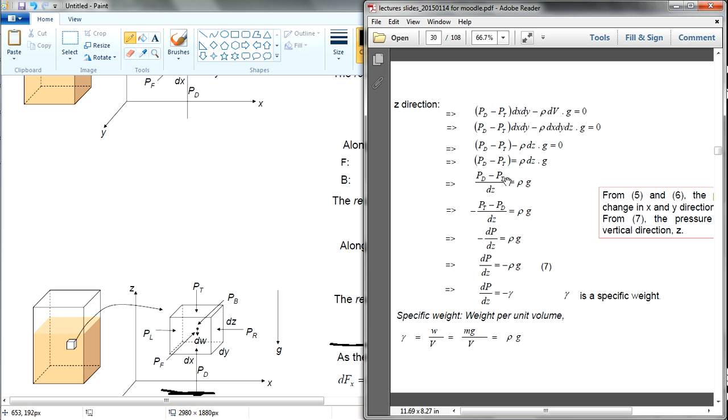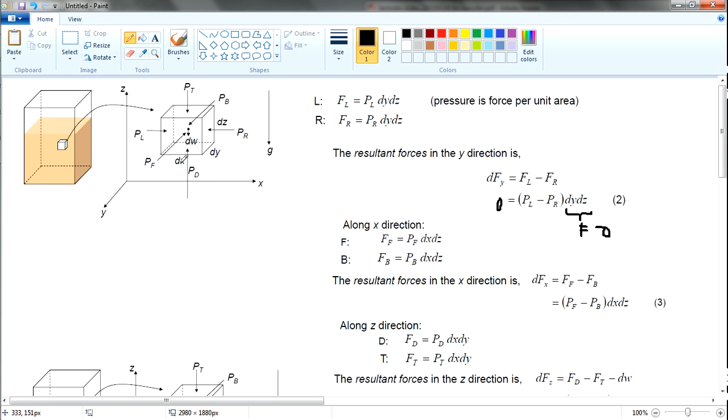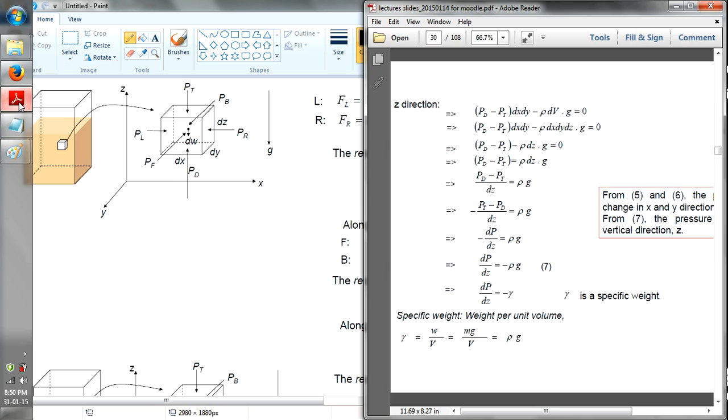Then you rearrange, you just bring the dz downwards. The rho g stays, and now you switch the sign by multiplying with minus. So eventually you get this, the change dp in the z direction.